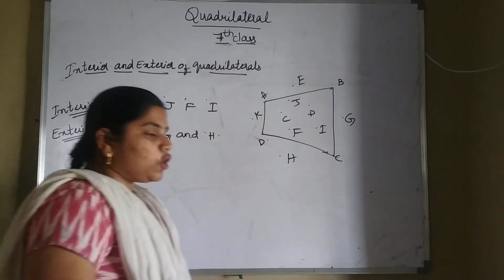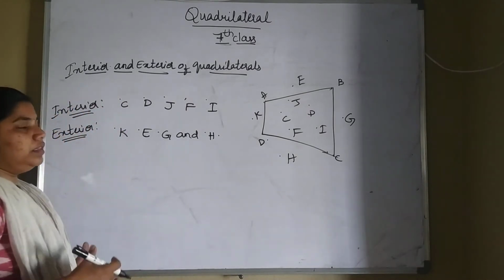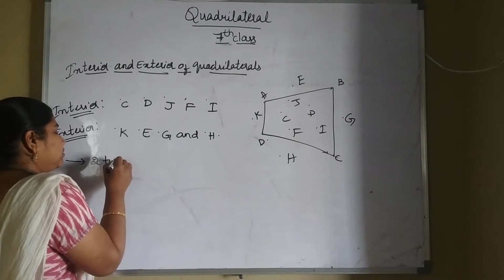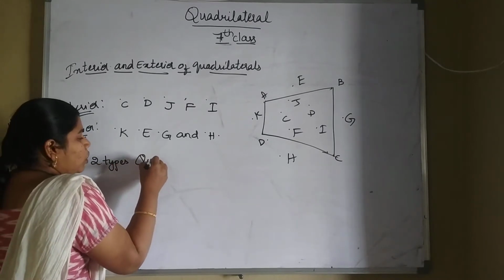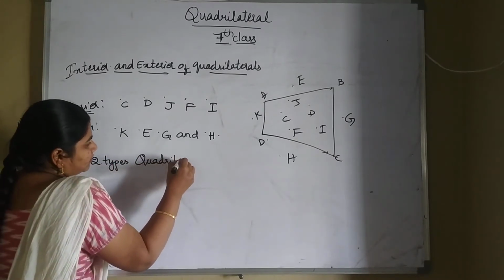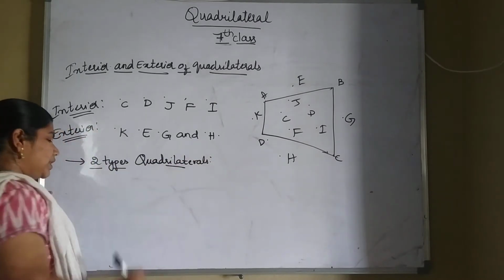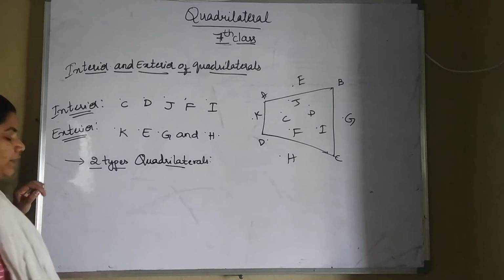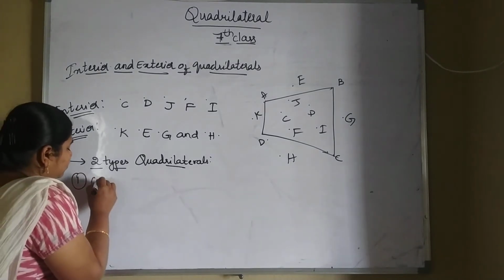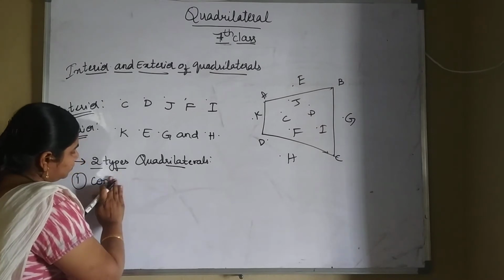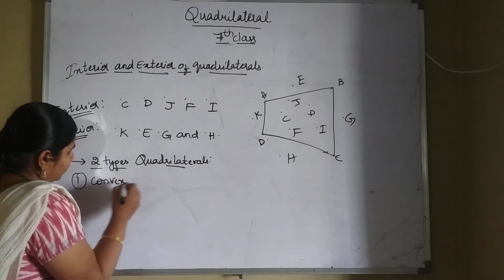So next is concave and convex. In quadrilaterals, there are two types of quadrilaterals. So how many different types of quadrilaterals are there? Two types.